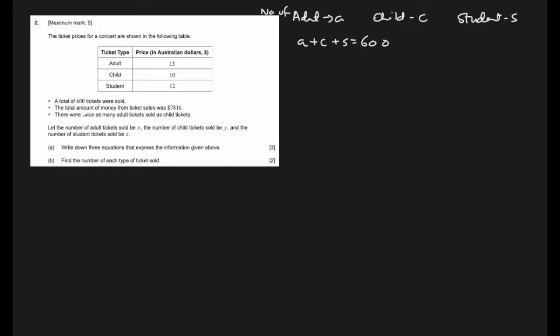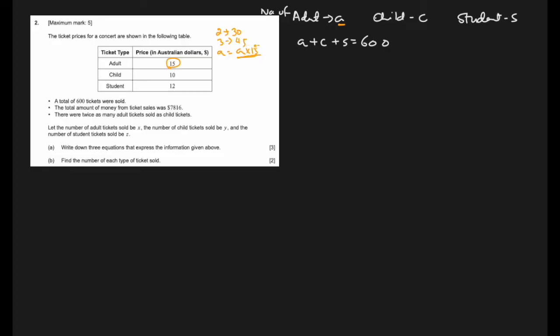The total amount of money from ticket sales was 7816. So let's focus on this one. If one ticket for adults cost $15, what about a number of adults? So one adult 15, two adults, 2 times 15, 30, three adults, 3 times 15, 45, a number of adults will be A times 15, which is 15A, right?